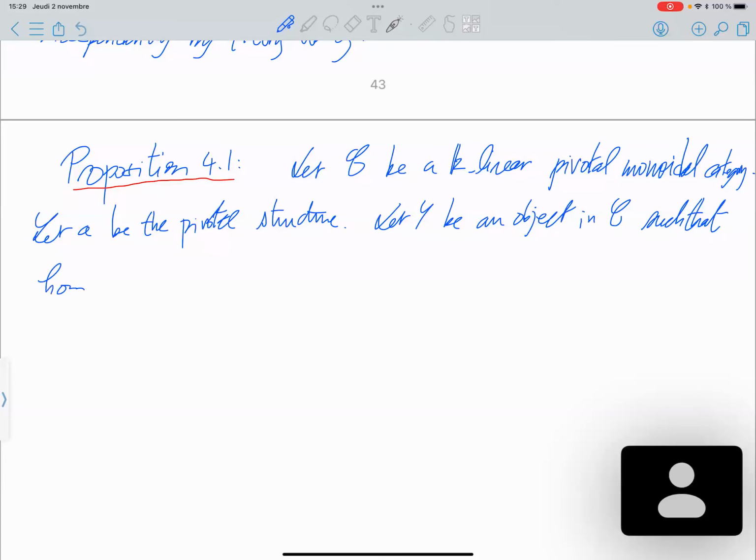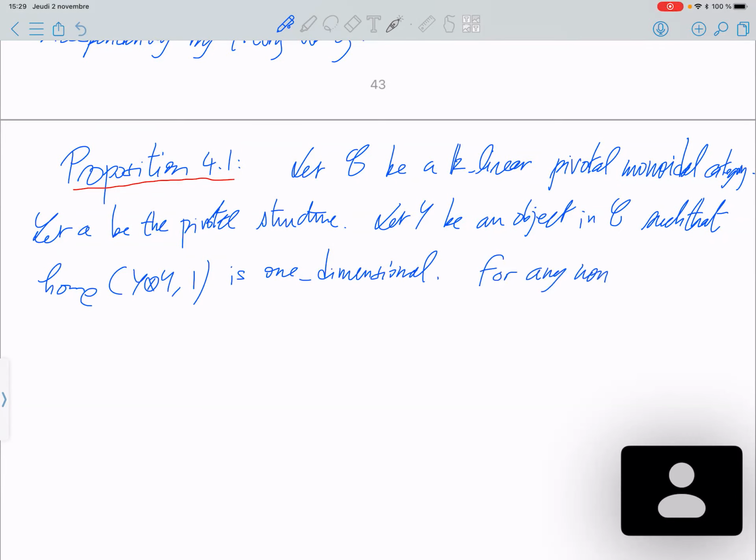the Hom space from 1 to Y tensor Y is one-dimensional. Then we will consider a non-zero morphism kappa between Y and Y star.